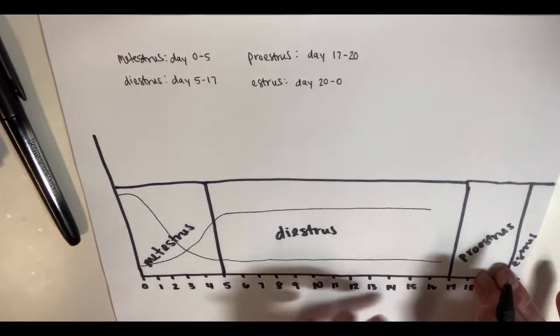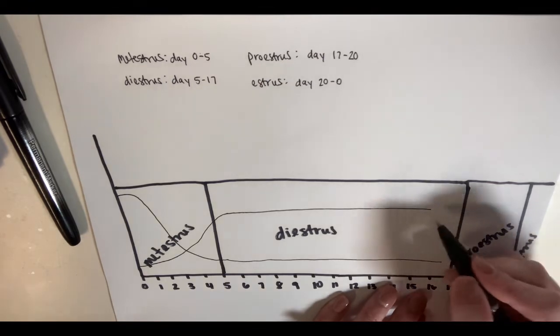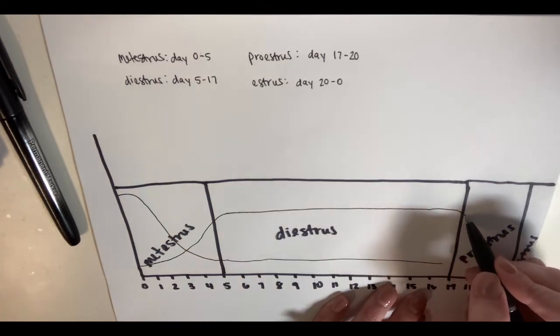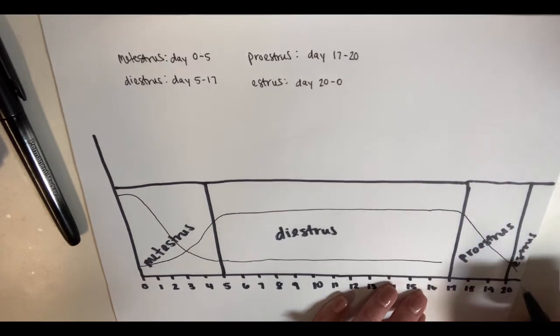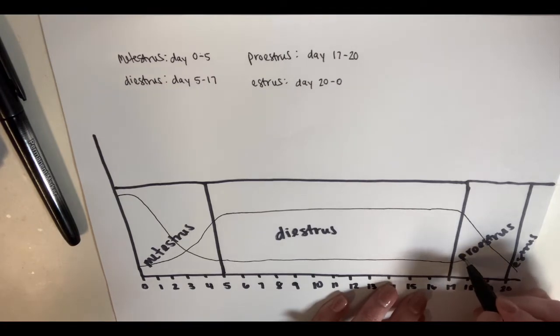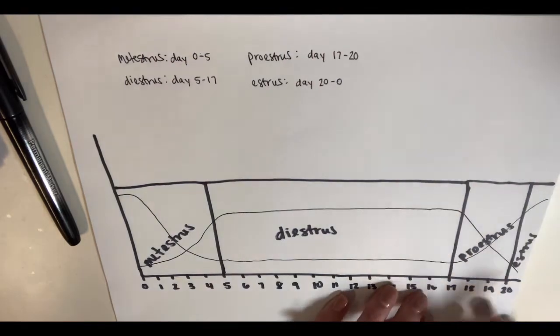Now, as we move into pro-estrous, our levels of the 2 hormones are going to switch. Our progesterone is going to begin to decline during pro-estrous and also into estrous. And our estrogen is going to begin to rise and finally peak in estrous.